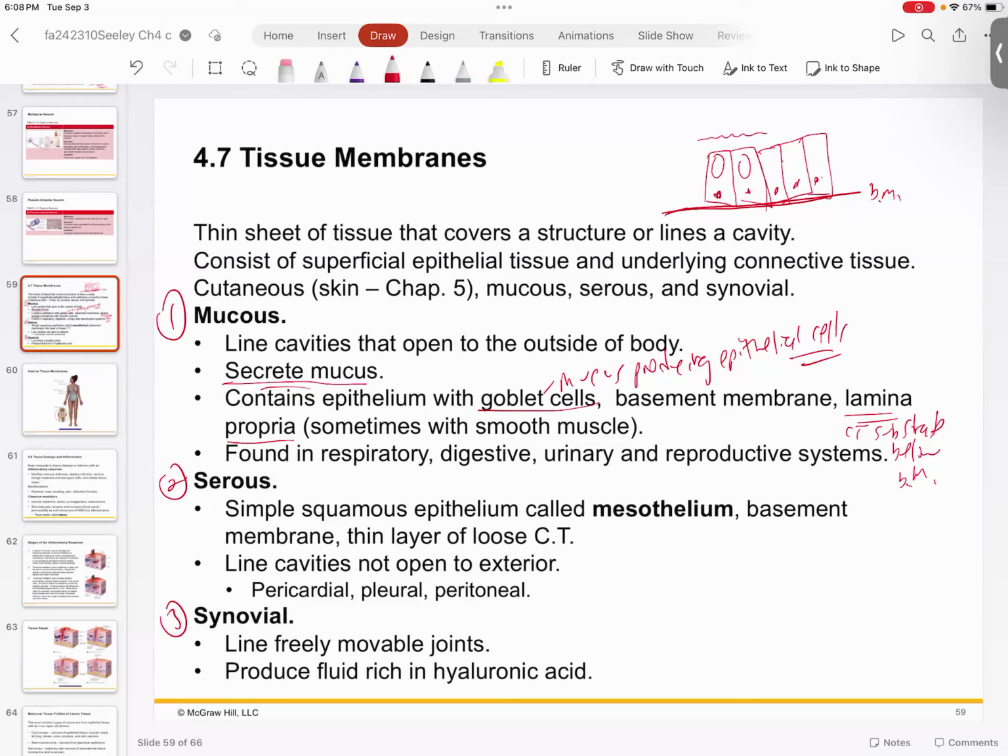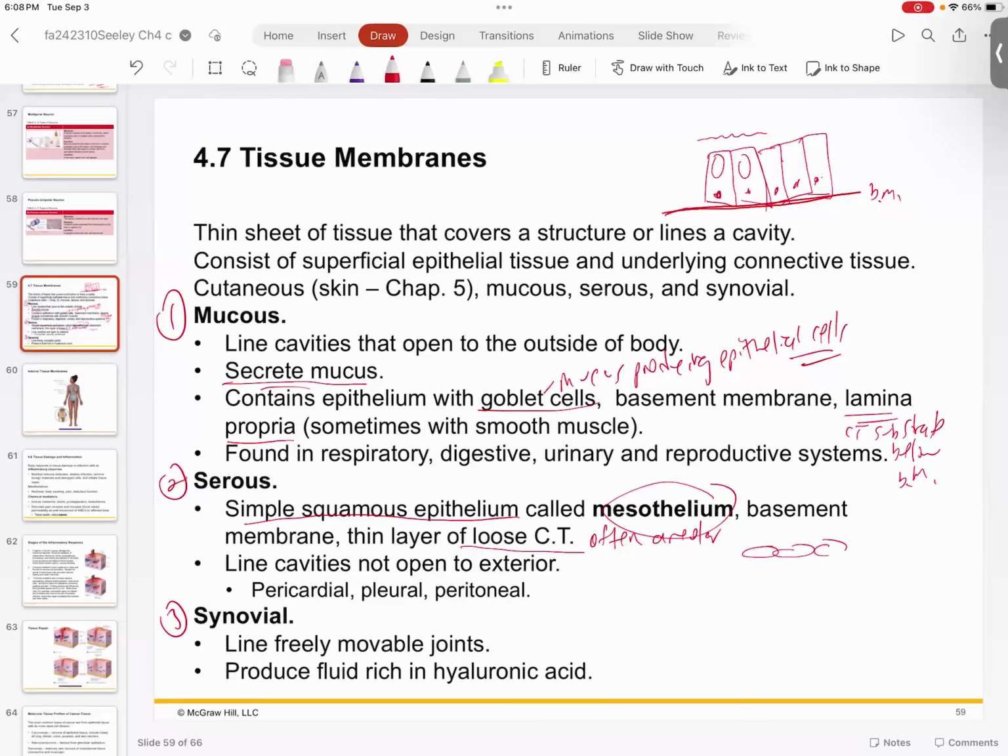Serous membranes are a little bit different. Serous membranes are a line of simple squamous epithelium called mesothelium or endothelium that are attached to a basement membrane, and then sometimes a thin layer of loose connective tissue, oftentimes areolar. So you see something like this.